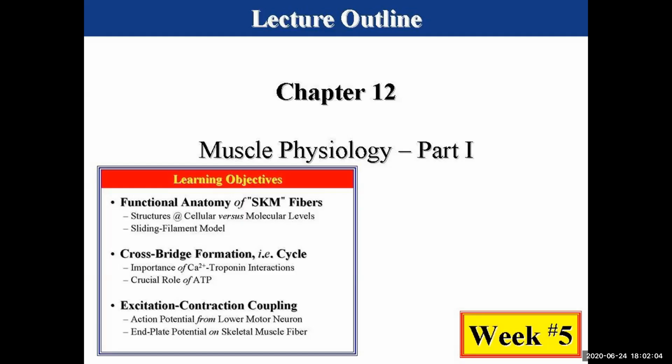But before we get to that, we need to review a little bit about the anatomy of each skeletal muscle fiber. So SKM here stands for skeletal muscle. Fibers means cells, so we say a skeletal muscle fiber or a skeletal muscle cell.